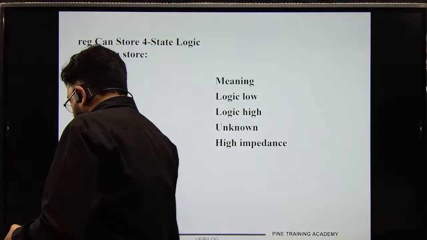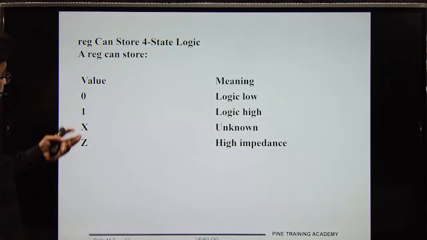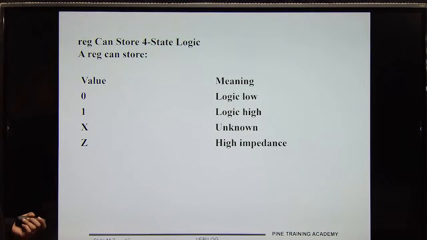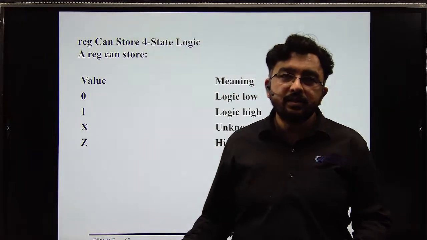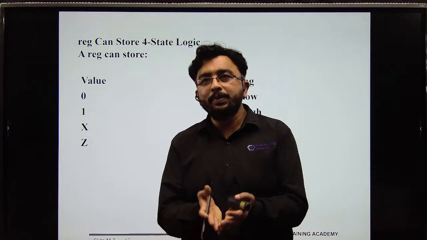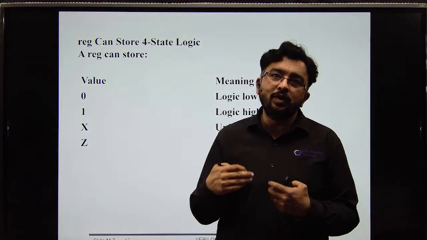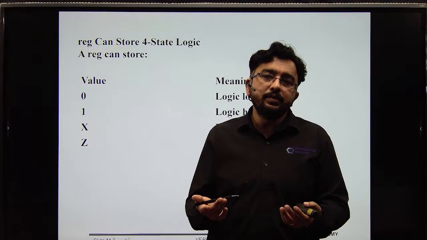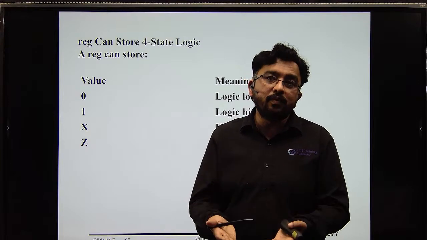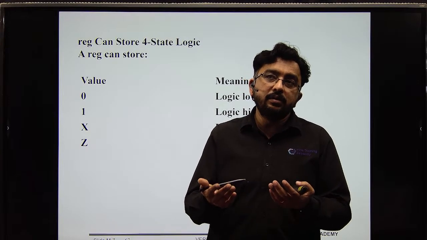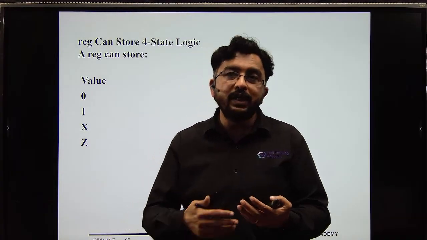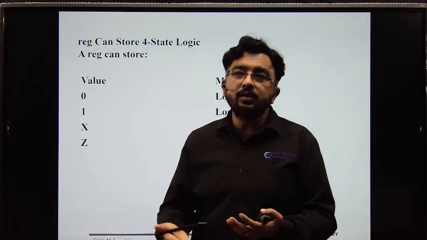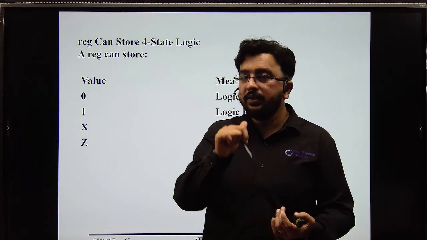One more thing. Reg can also store 4 different values, depending on the operations, the type of logic I am performing. According to that logic, your output is stored in the reg.